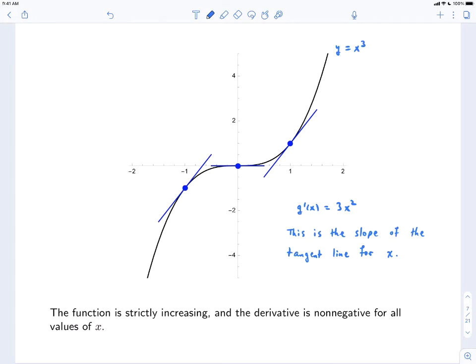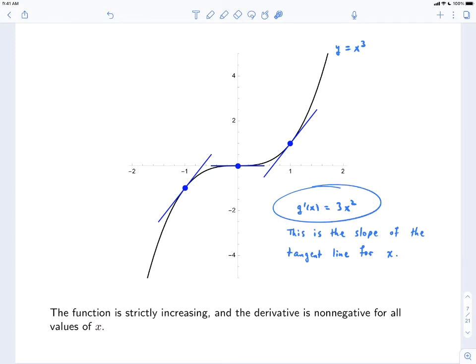And the derivative of that function tells you what the slope of the tangent line is at that point. And here we have a nice formula for it for this function. So for y equals x cubed, if you specify a point by its x-coordinate, then the slope of the tangent line at that point will be 3x squared.